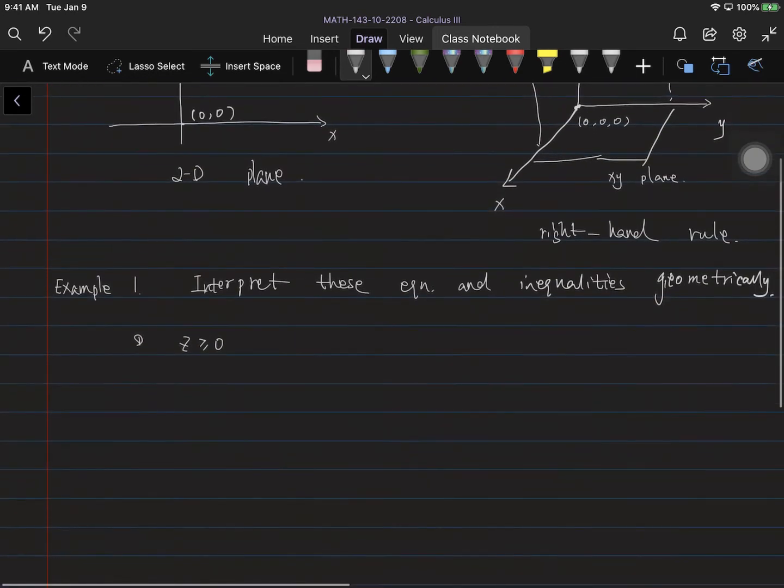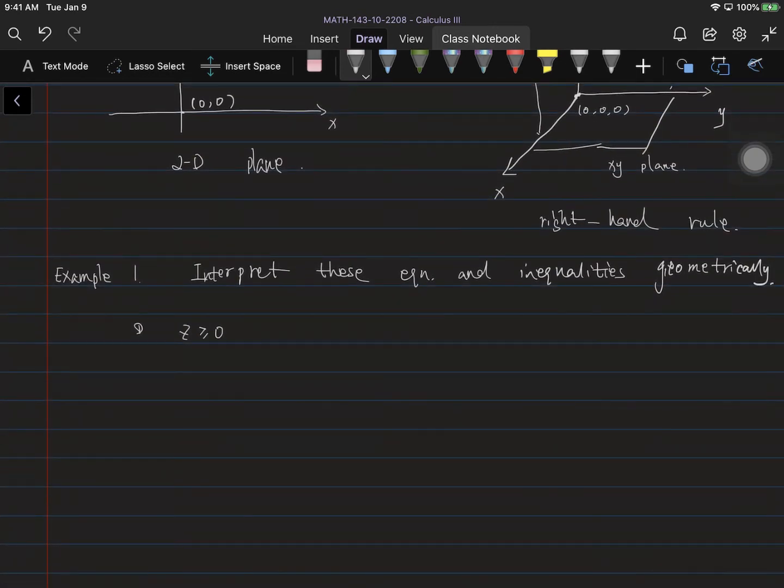Let's take a look. Firstly, we want to draw a three-dimensional space, so we draw the x, y, z axes. In the whole space, z can be anything, but right now z greater than or equal to 0 means we can only choose the space with z greater than 0.